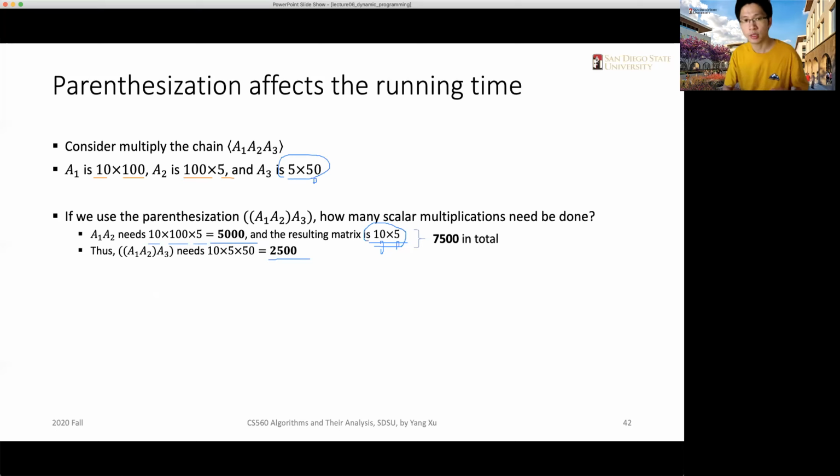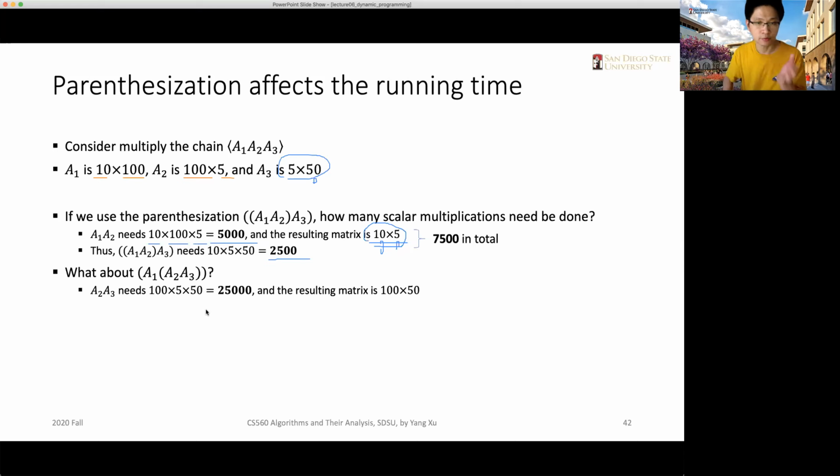Now let's look at the second way, which is parenthesizing A2 and A3 first. Let's examine the results real quick. Because the dimension of A2 is 100 by 5 and A3 is 5 by 50, the total number of scalar multiplications by the formula p times q times r is 25,000, which is already greater than the first solution, right?